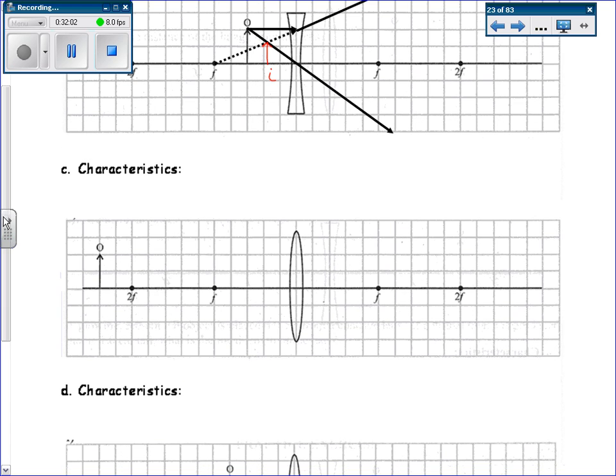So we have another convex lens, but now our object is behind 2F. Okay, so it's further away than 2F. So again, a ray parallel to the principal axis refracts through the focal point on the other side.